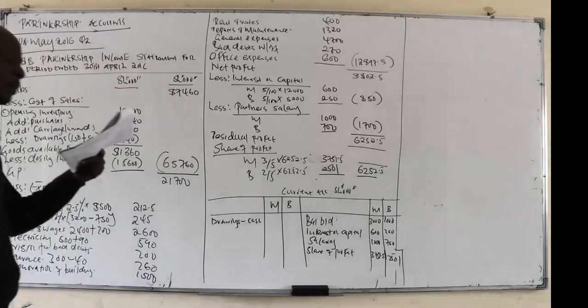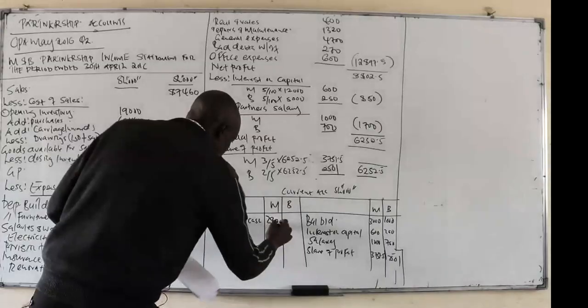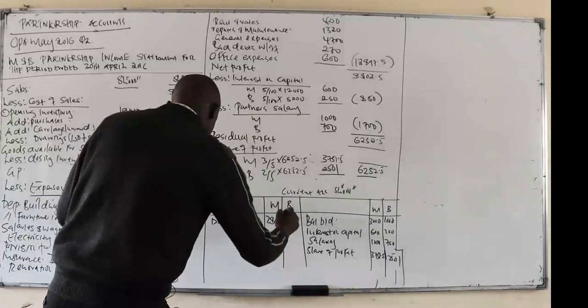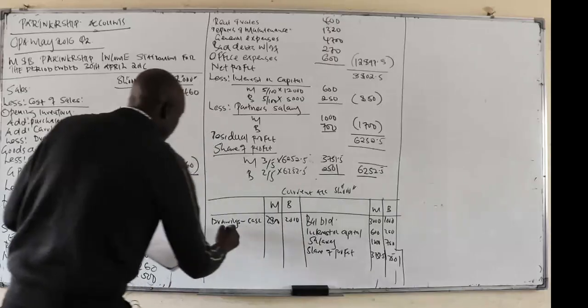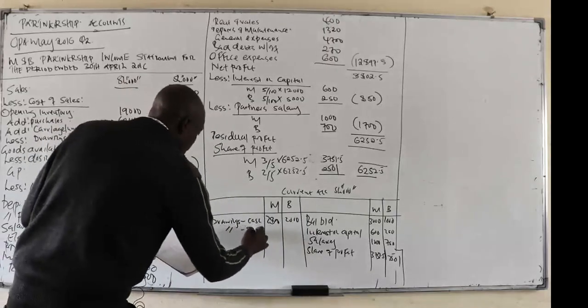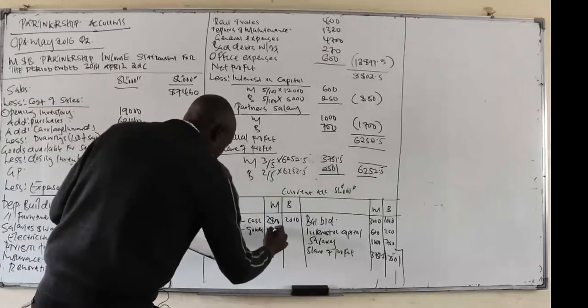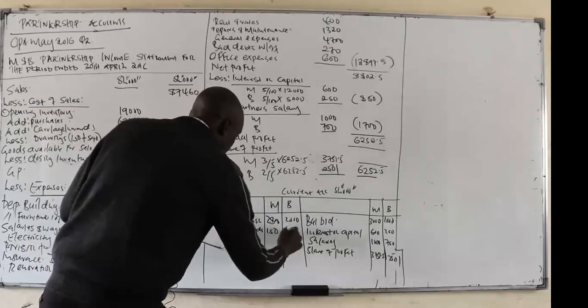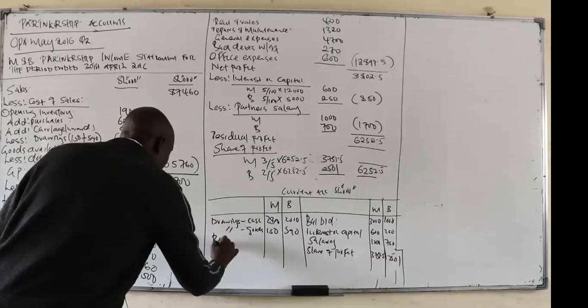Drawings of cash was how much? 2,800 for Maria. You've seen it? And the other one is 2,000. Then drawings of goods. Maria was 150. The other one was 590. So you add, and then you come here, write your balance, carry it down.